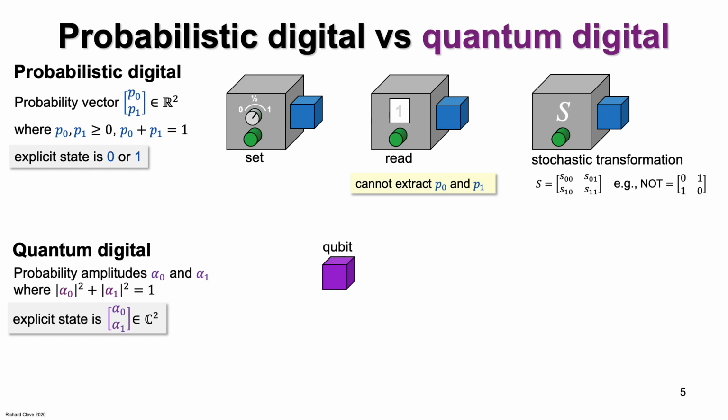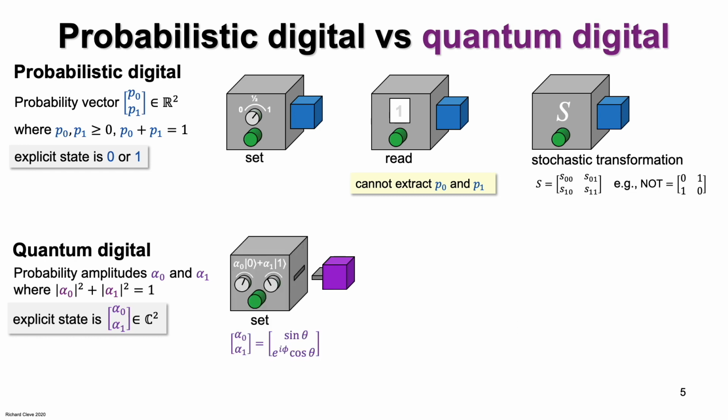We have our quantum memory, the purple box, containing a qubit. To begin with, imagine a device that enables us to set the state of a qubit to any amplitude vector. The device has two dials that we can rotate. Why two? Because there are two real degrees of freedom for all amplitude vectors.